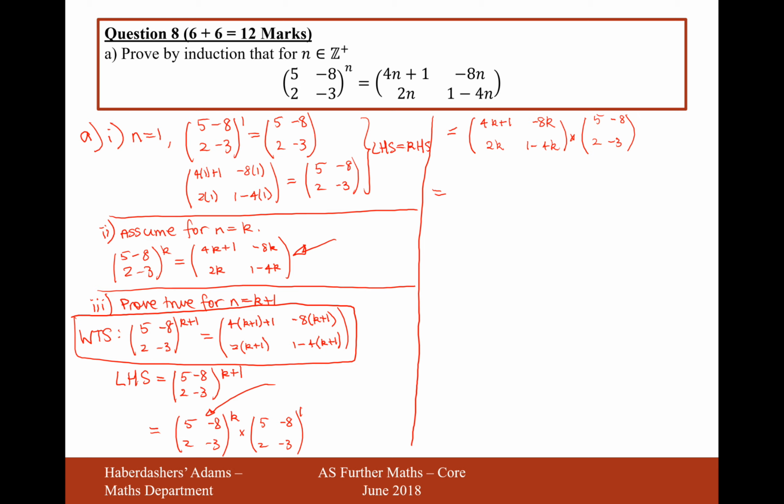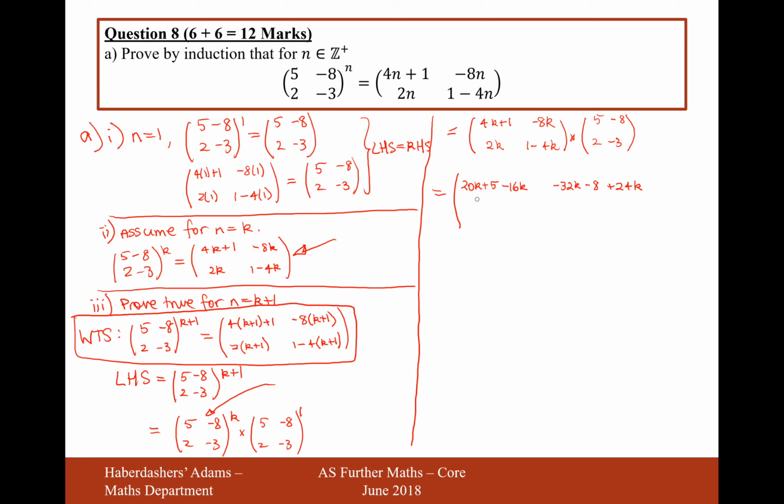Okay, so let's now go ahead and do this multiplication of one matrix by another. So let's leave ourselves lots of space to do this. 4k plus 1 times 5, so that would be 20k plus 5. And then move across and down, minus 16k. Moving on to the top right cell, 4k plus 1 times minus 8, so that would be minus 32k minus 8, and moving across and down, that would be then plus 24k, double negative there.